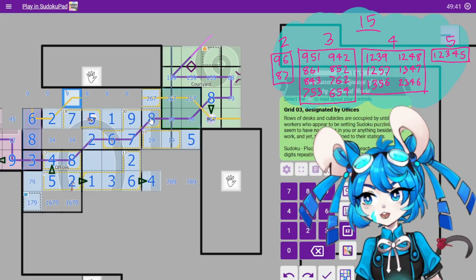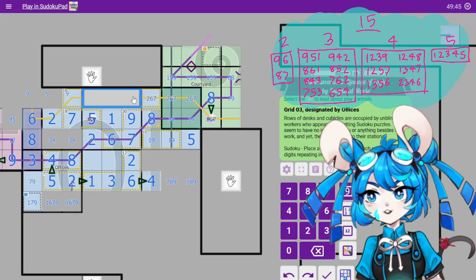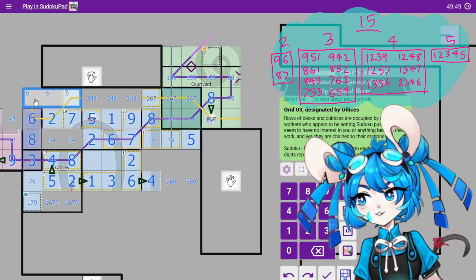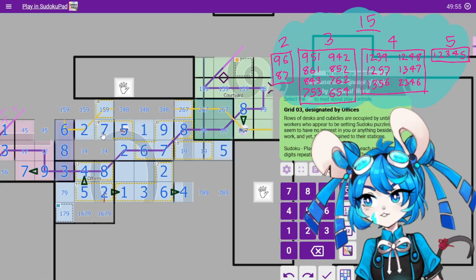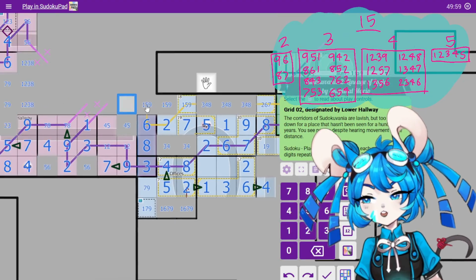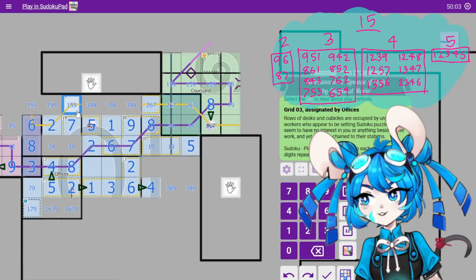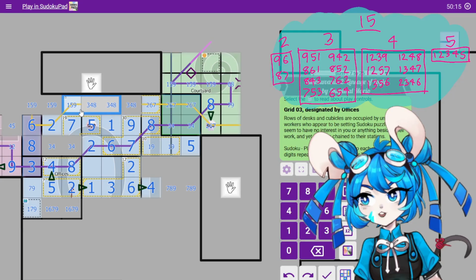Because you could put the 1 here, the 2 here, and then 3, 4, and 8. Actually, these digits are 3, 4, and 8 just by box. And these 3 digits, what are they? They're 1, 5, and 9. And we don't see anything in this box or row, so that doesn't go backwards at all. So in these 3 cells, could this conceivably be 18?